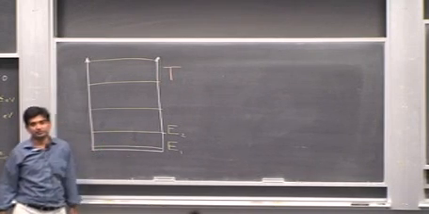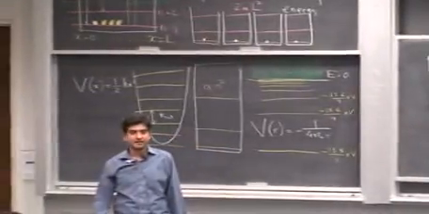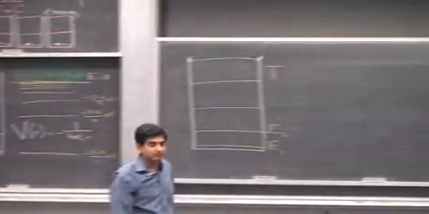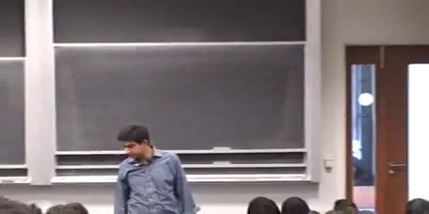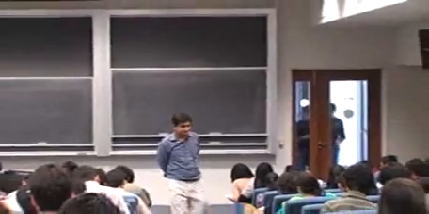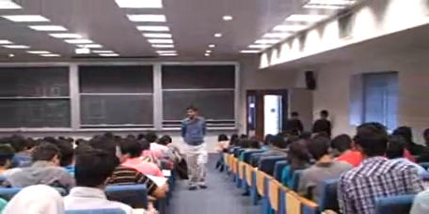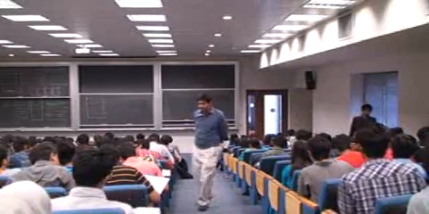How do I do that? Can you please write down that ratio for me? So the ratio of population of energy levels E2 and E1.